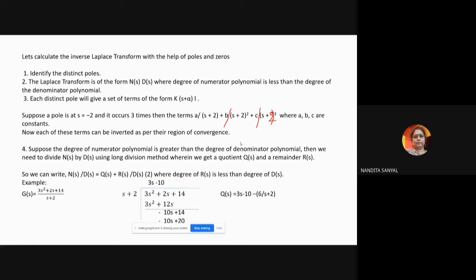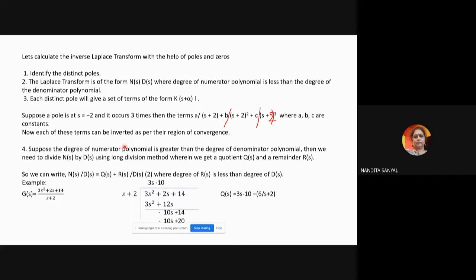To realize the transfer function, we will consider it in the form of partial fractions like a by s plus 2, then b by s plus 2 whole square, then c by s plus 2 whole cube, where a, b, c are constants, and from this equation we get the system transfer function.